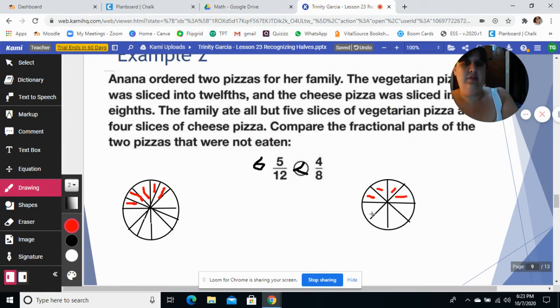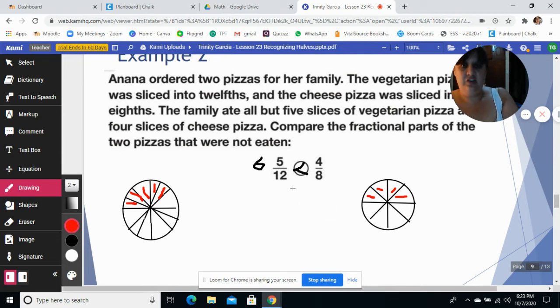So now you can easily see that this has half, okay, and this has 5/12. And this is less than half because see there's this one slice left on this half that they ate. Okay, so they have less than 1/2 left.